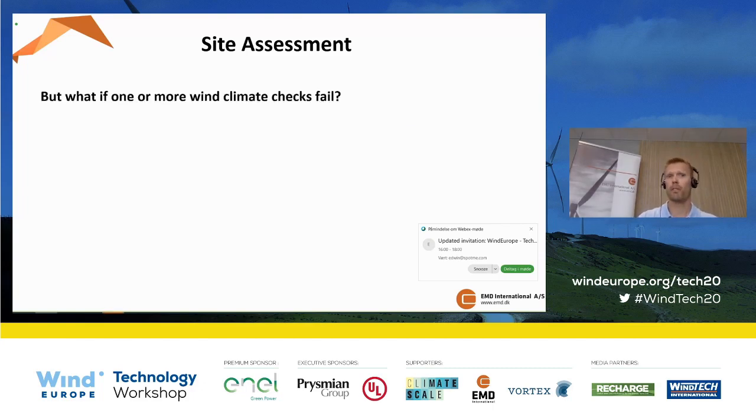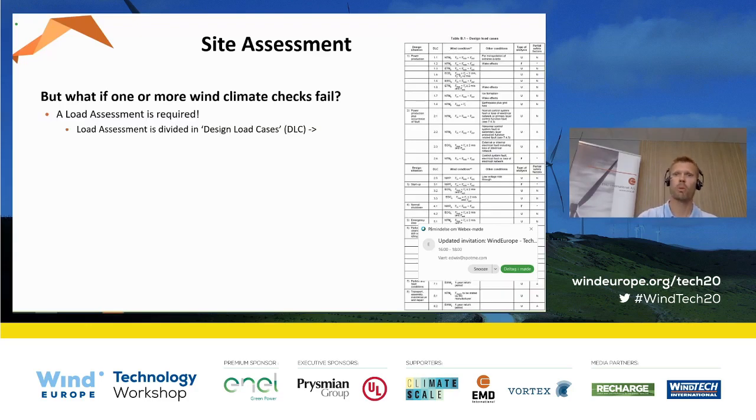So, but what happens if some of these wind climate checks fail? Well, a load assessment is required, and the load assessment is divided into a number of design load cases. There's a long list, which you can see on the right of the slide. So if the fatigue checks fail, these 4 design load cases are required.